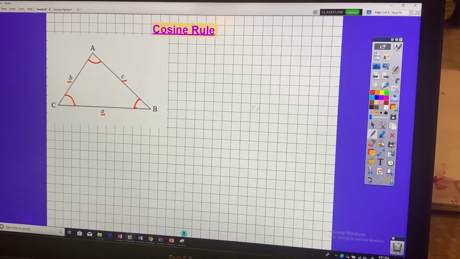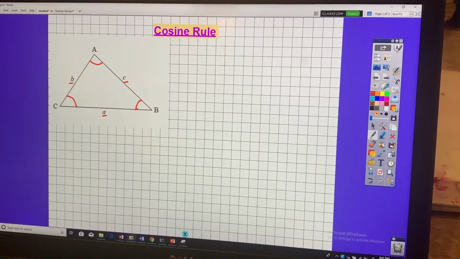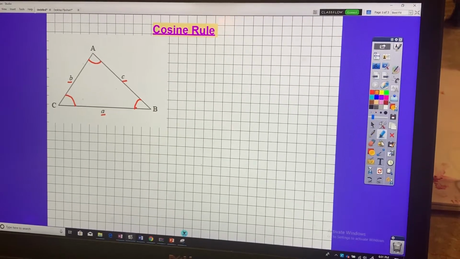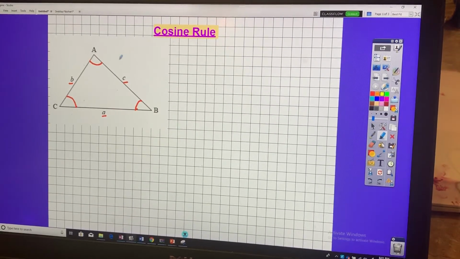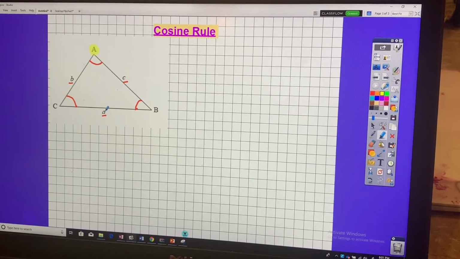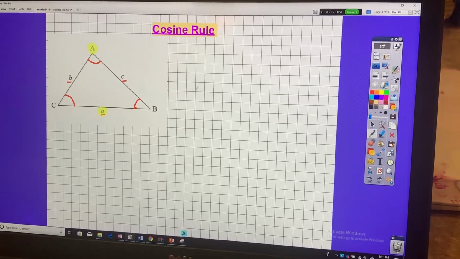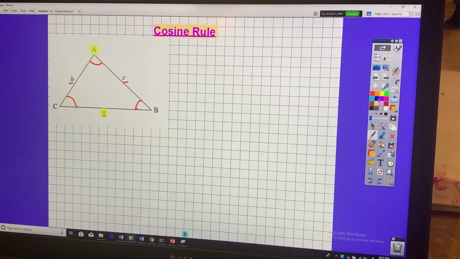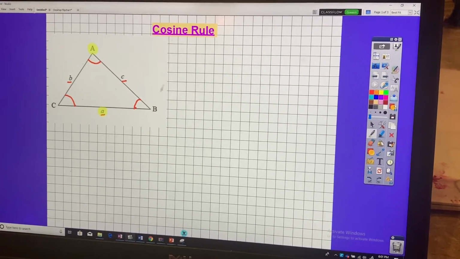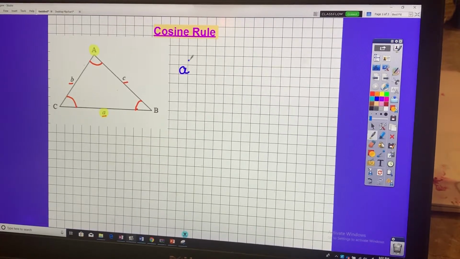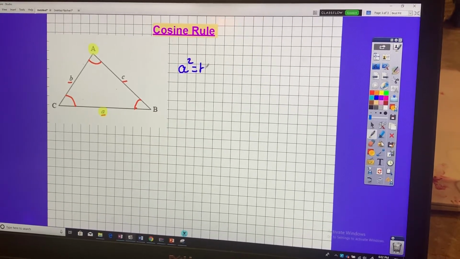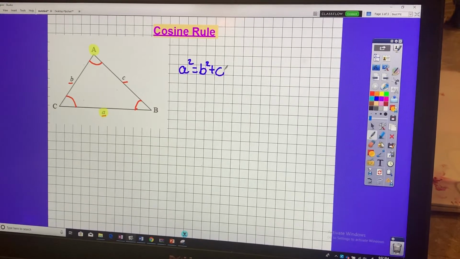So let's start. If you want to work out either the angle A or the length a, you're going to have to start off with A. So I would do a squared equals b squared plus c squared.